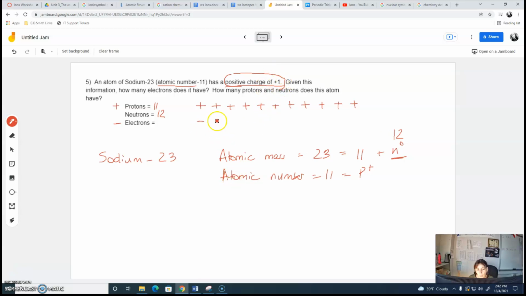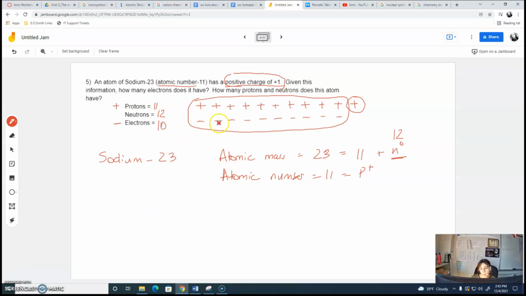Well, if I put 1, 2, 3, 4, 5, 6, 7, 8, 9, 10 electrons, watch what happens. These 10 electrons perfectly balance out those 10 protons, and I end up with just this one charge of +1 left over. So that means I must have 10 electrons.